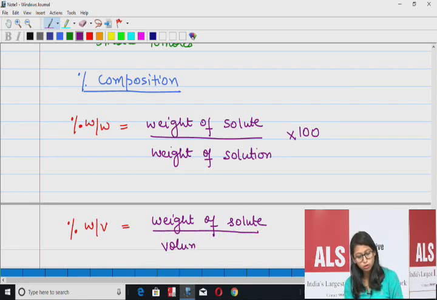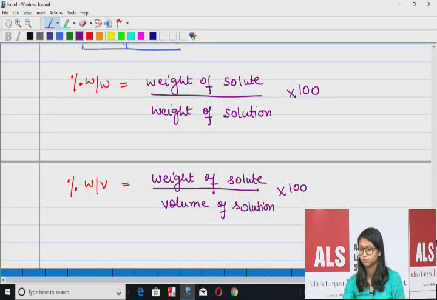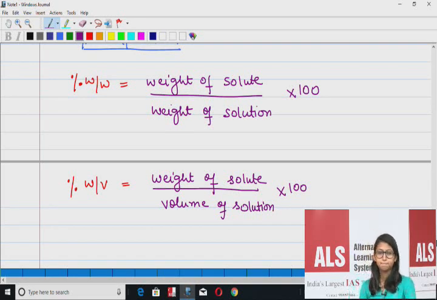It's the volume of solution into 100. Clear, everyone?